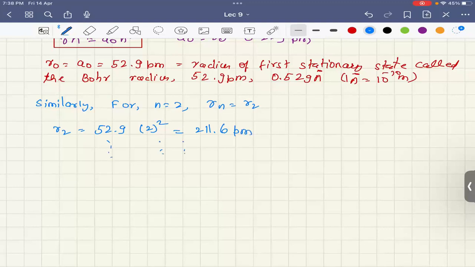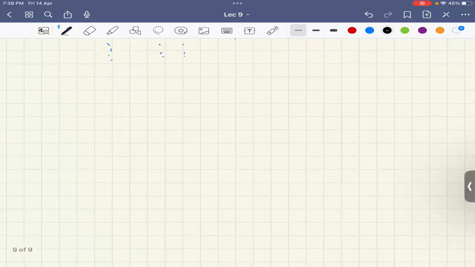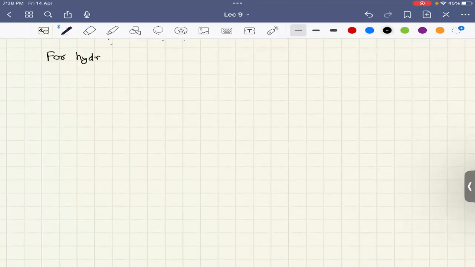For hydrogen like ions, the expression comes out to be A0 n square by z. Instead of z square, it comes out to be z.